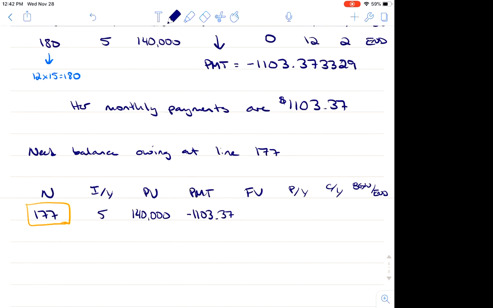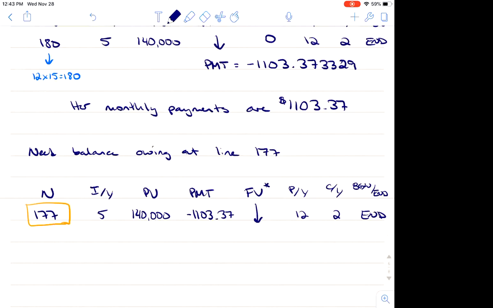So we need our future value. That's what we're here for. Our payments per year are still 12, our compoundings per year is still 2, and we're at the end. So 177 for n. Do we dare do it? No, we can't.